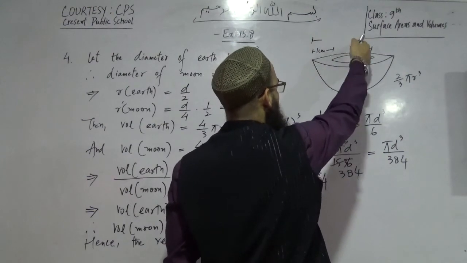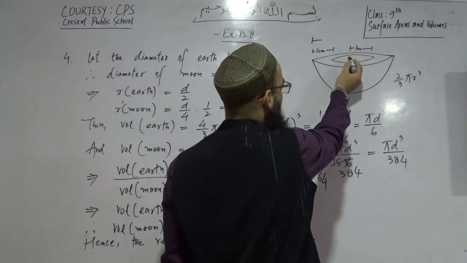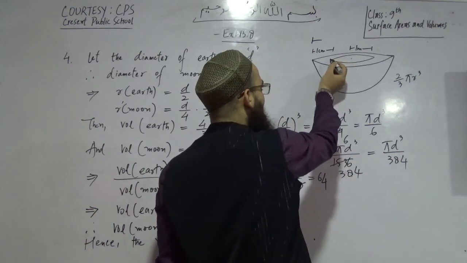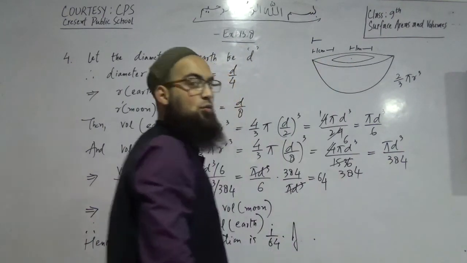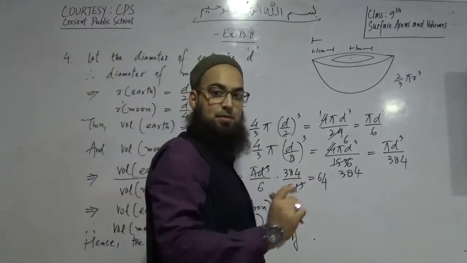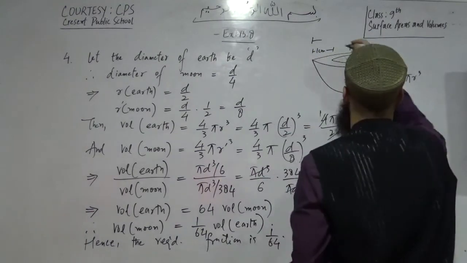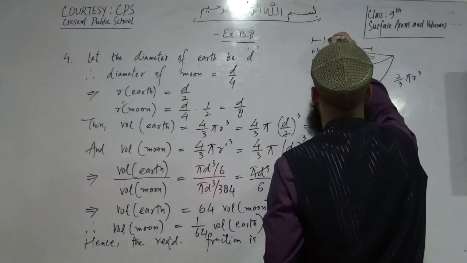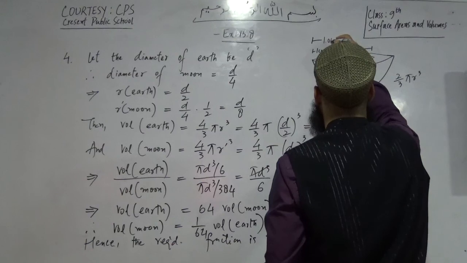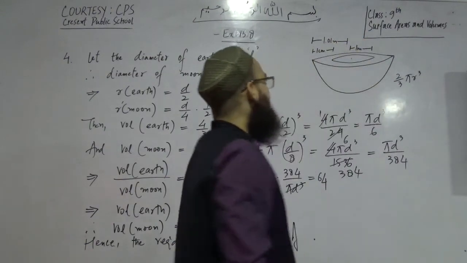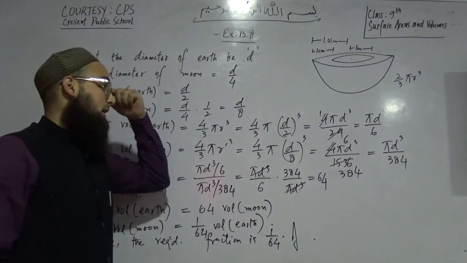From here to here is the inner radius, 1. So it is 1 plus this 1 centimeter, which is 0.01 meter. So the outer radius is 1.01 meter. Got it? Outer radius.